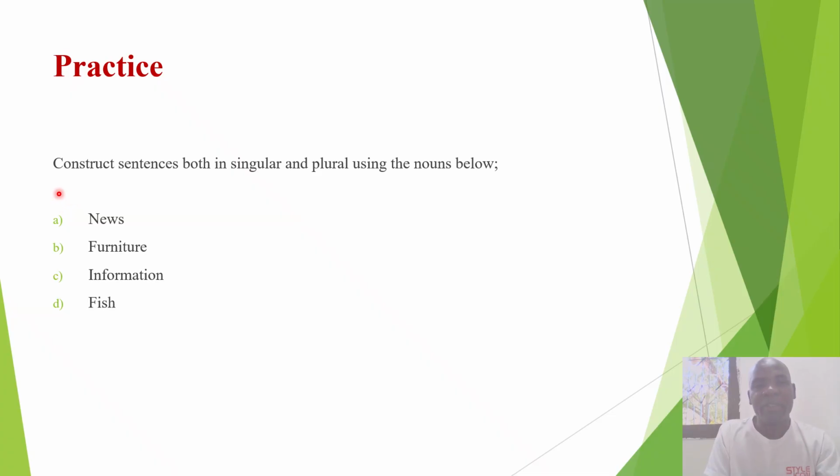You have to remember that these nouns remain the way they are, both in singular and in plural. Use them to construct sentences that are correct in English. You do your practice, do your research, and use these 4 nouns in sentences. And you can also go out of your way, look for many more. This is just an eye-opener.